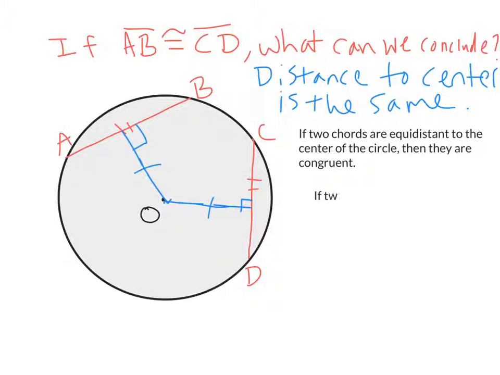If two chords are congruent, then they are equidistant to the center. It just disappeared on me. There we go. So those two things are excellent to write down. This is just more of a formal representation of what we have here in blue. Okay.